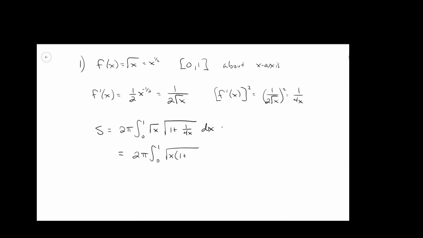Everybody see that? Since they're both under radicals anyway, you can combine them under a single radical. And so now that they're under that radical, we can go ahead and distribute that x in there. So we'll get root x plus, if I distribute the x there, I'm just going to get a 1/4.